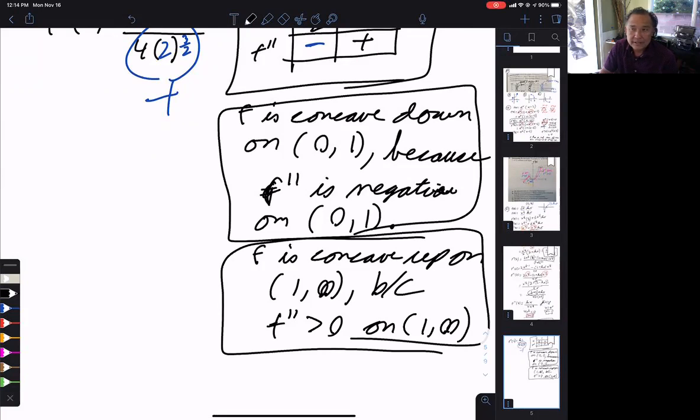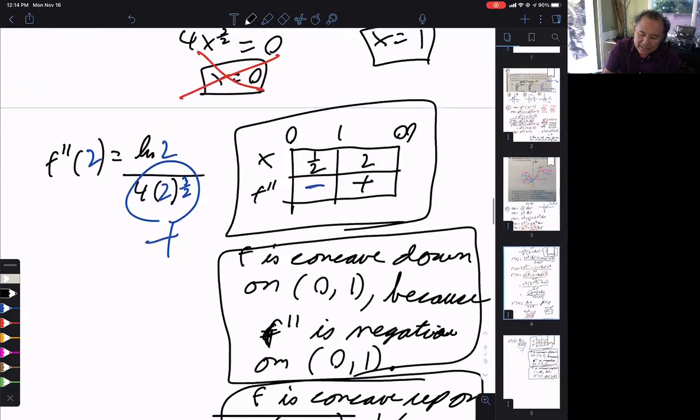The last question, they're asking for inflection points. Inflection points occur, the justification is when the second derivative changes signs. Does the second derivative change signs anywhere on this interval? Yeah, at 1. It went from negative to positive.